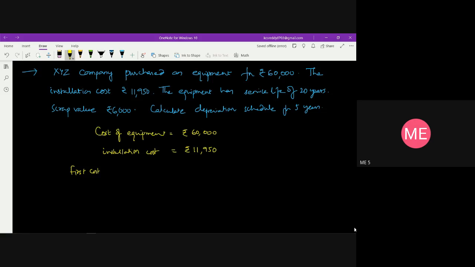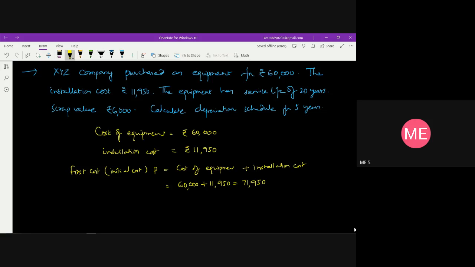The first cost or initial cost P is the sum of the cost of equipment plus the installation cost: 60,000 plus 11,950, which together is 71,950.